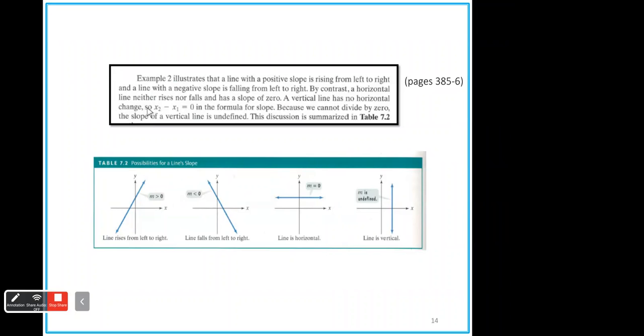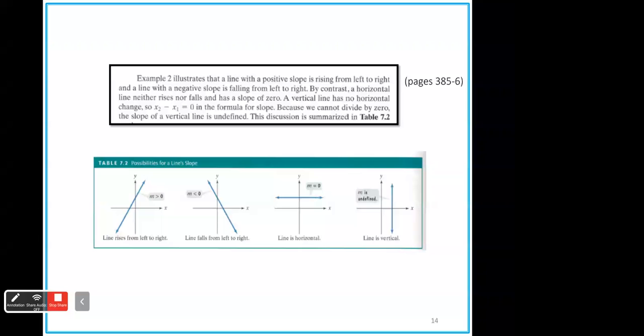A vertical line has no horizontal change. So the change in x is equal to 0. And of course, you should know that we cannot divide by 0. So that's why this is said to be undefined, because the change in x results in a 0 as your denominator, okay? You can divide 0, but you can't divide by 0.